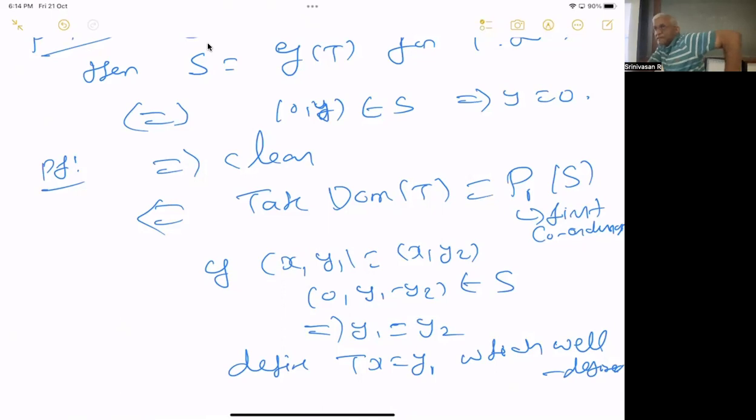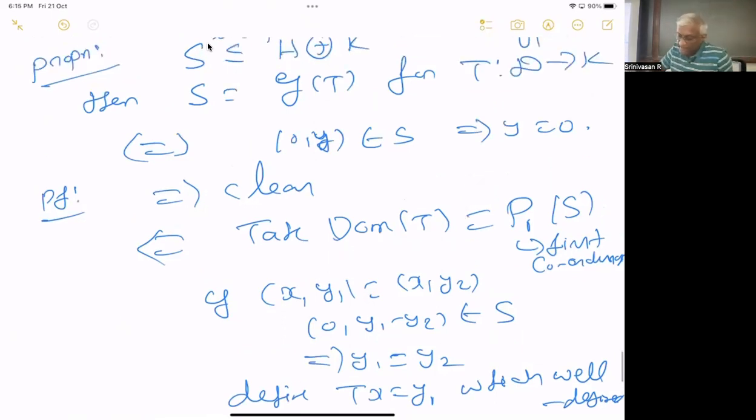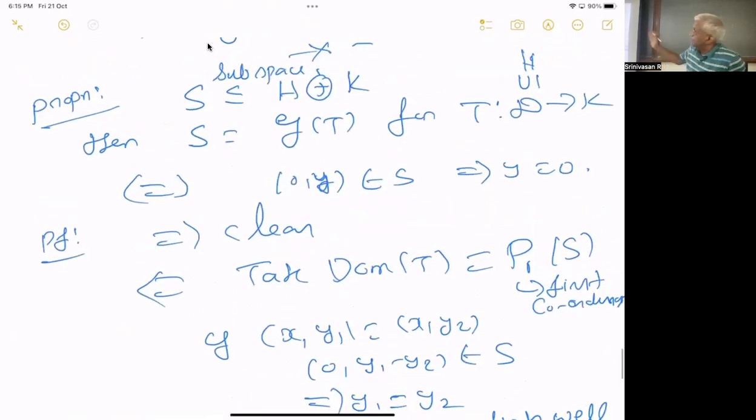But there is only a unique element there because of that condition. That is clear, so that is why we verified that, because 0 has a unique connecting coordinate there. So similarly, that will happen for everything because it's a subspace, which is well defined. So this is clear. This is how you see whether something is a graph of T or not.